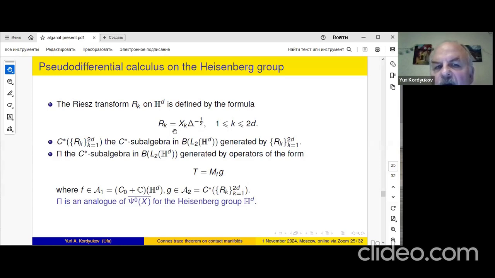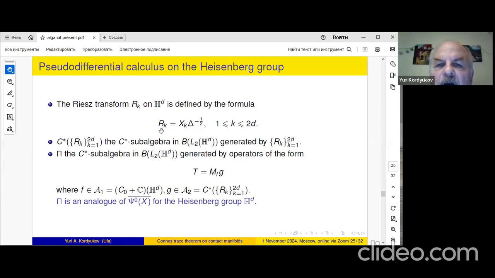In a Euclidean space, after Fourier transform this operator would be psi of k over modulo psi, the building block of zero-order pseudodifferential operators. But here we have this operator.